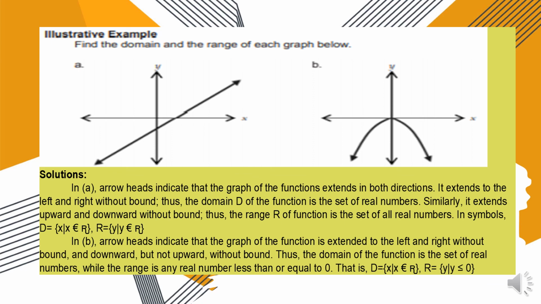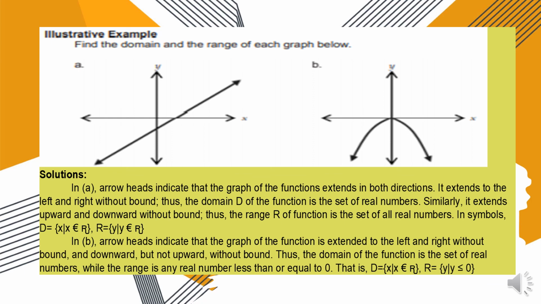Thus, the range of the function is the set of all real numbers. In symbols, D = {x | x ∈ R} and R = {y | y ∈ R}.